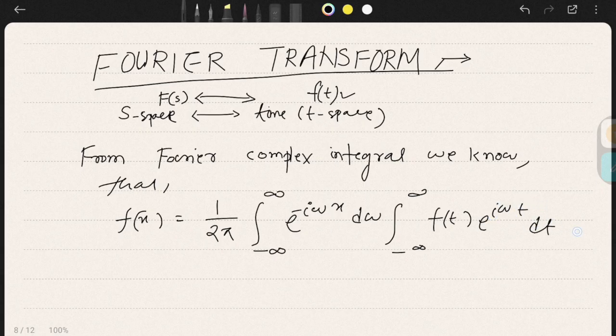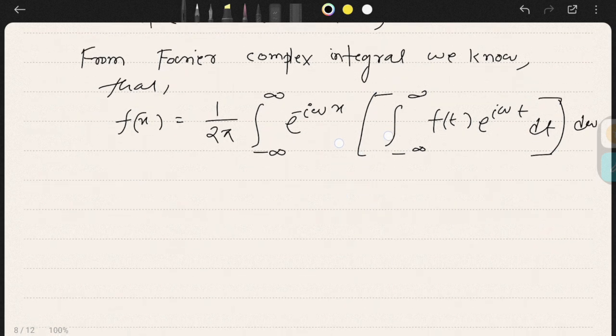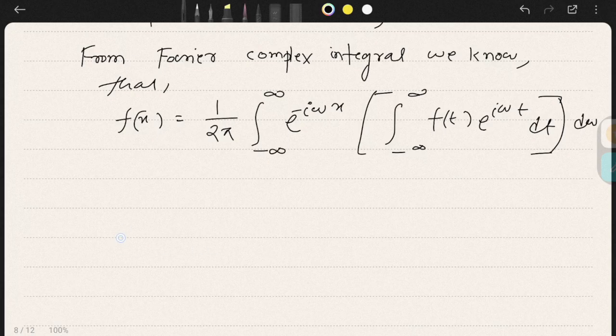Actually this d omega you can write here also. It is correct to put this into a square bracket. Yes, this is the right way to write it, so we can rewrite this expression.